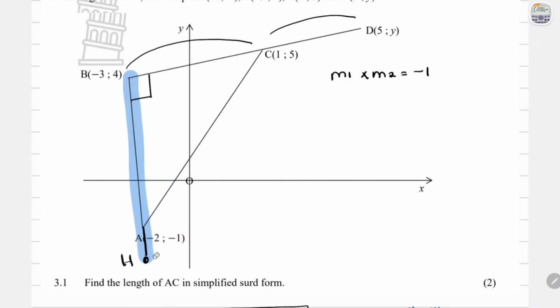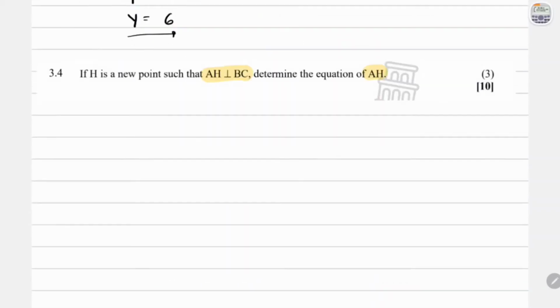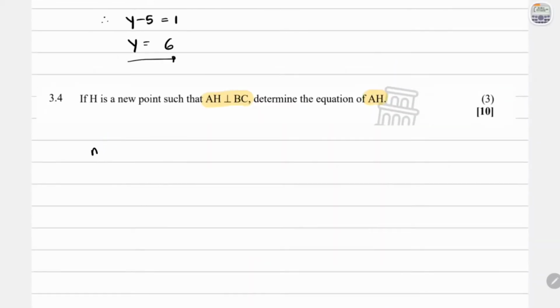So we're going to find the gradient of AH, right? We know the gradient of BC, which is perpendicular to AH. So it means that the gradient of BC multiplied by the gradient of AH should give you -1. And there's really a formula for this.